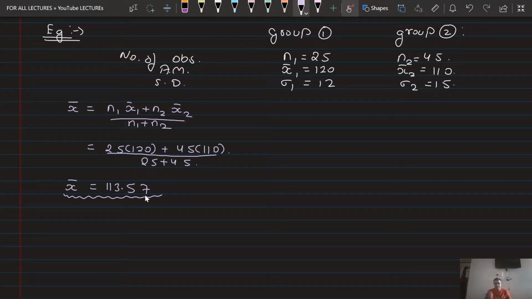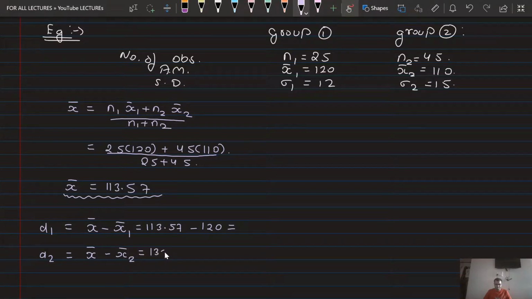Now what is step number 2? We have to find the differences. D1, D2. X bar minus X bar 1, which is X bar is 113.57 minus X bar 1 is 120. So tell me what is this difference? Minus X bar 2, which is 113.57.